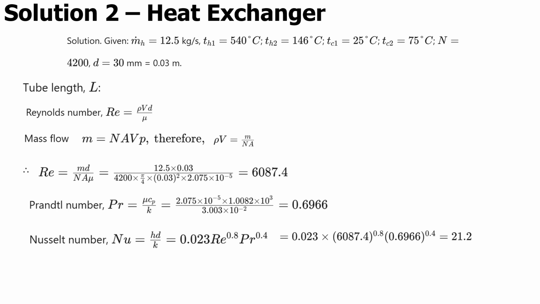And from the Nusselt number, we can now solve for the convective heat transfer coefficient h. So, rearranging and plugging in the values, we get h to be approximately equal to 21.222 watts per square meter degrees Celsius.